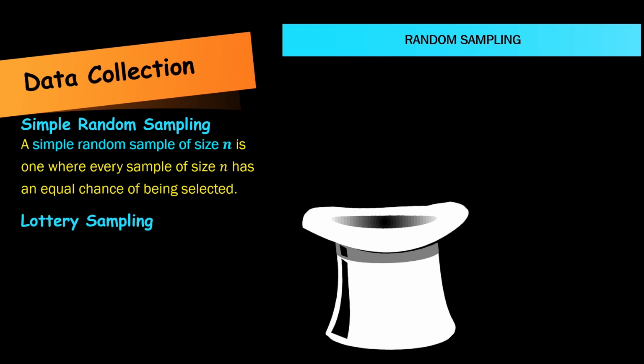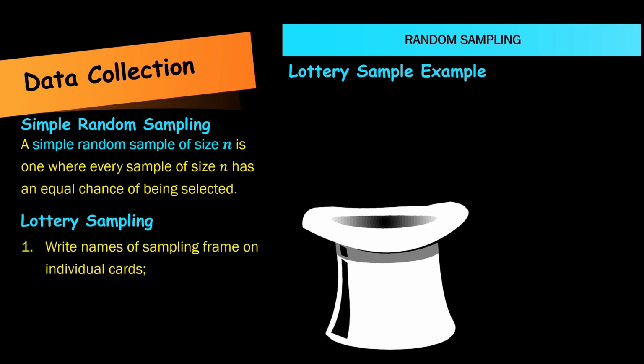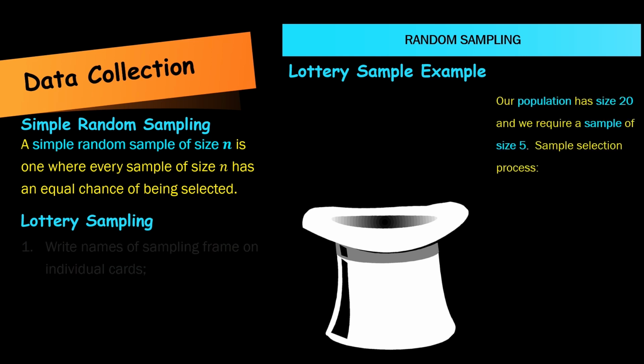What is lottery sampling? Let's take a look at an example. Write the names of the sampling frame on individual cards. Our population has size 20, and again we require a sample of size 5. Let's take a look at the selection process.